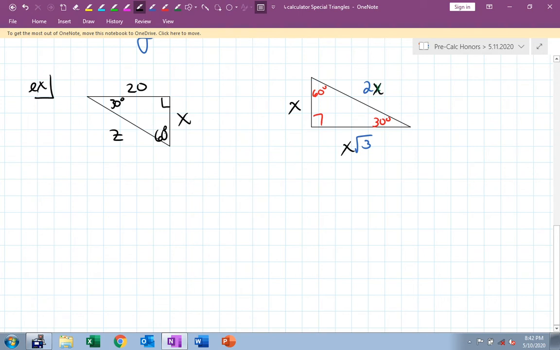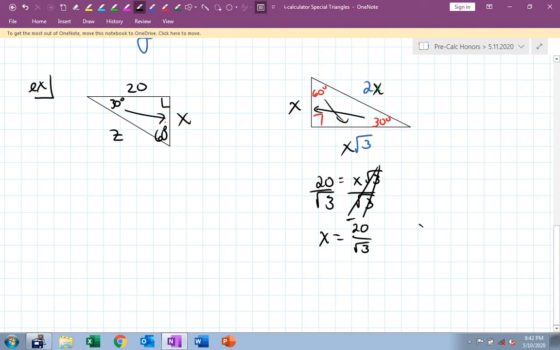So opposite 60. Opposite 60 is x root 3. So that means 20 is going to equal x root 3. All right. We want to make sure our x's coincide with the triangle we're dealing with. So that would mean divide both sides by root 3. X in this case is 20 over root 3. So over here, that's opposite the 30 degrees.